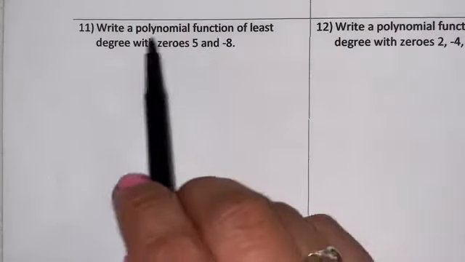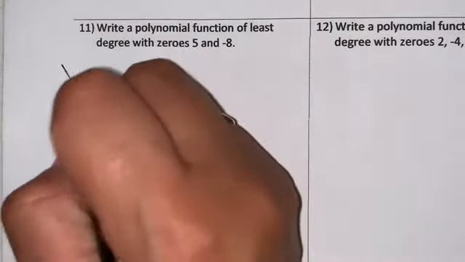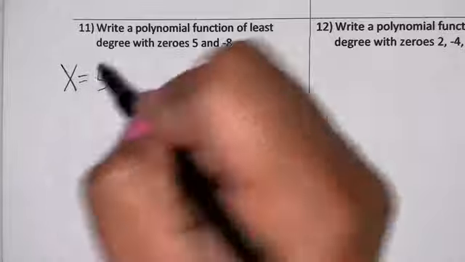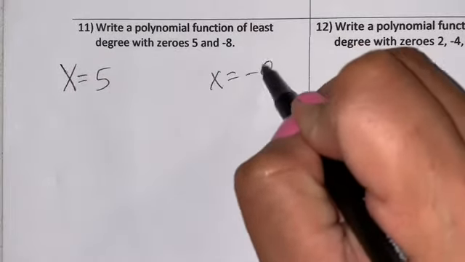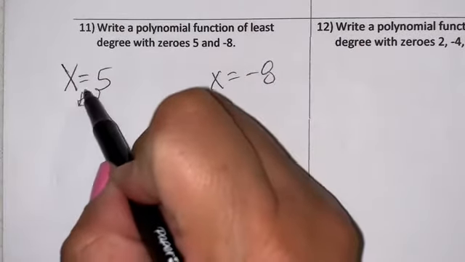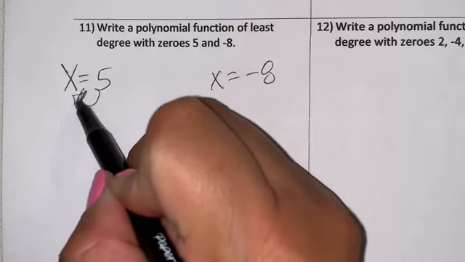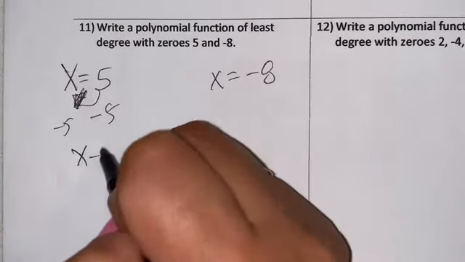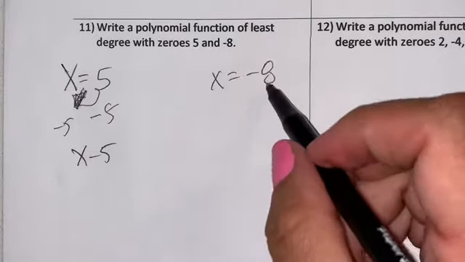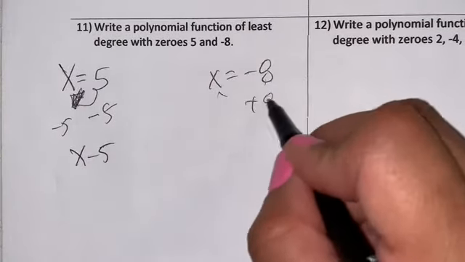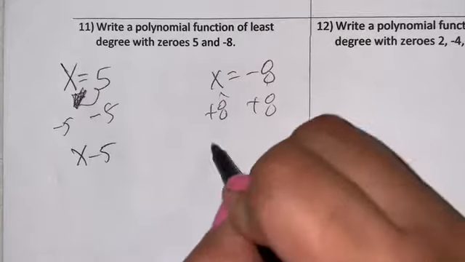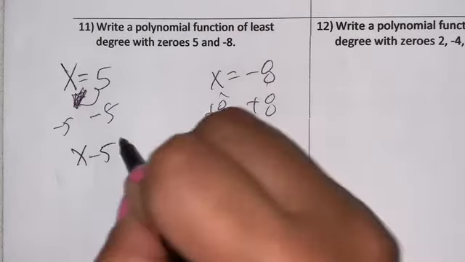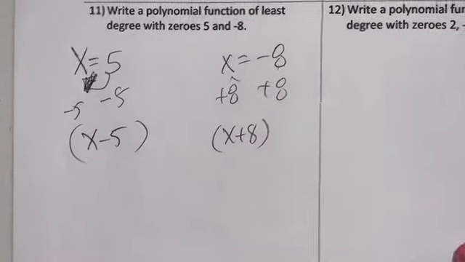Okay, number 11. It says write the polynomial of the least degree. So I have x equals 5. X equals negative 8. We're moving this over. So to move it over, we're going to subtract 5 from both sides. X minus 5. To move this one over, we're going to add 8 to both sides. X plus 8. Now these two factors get multiplied together.